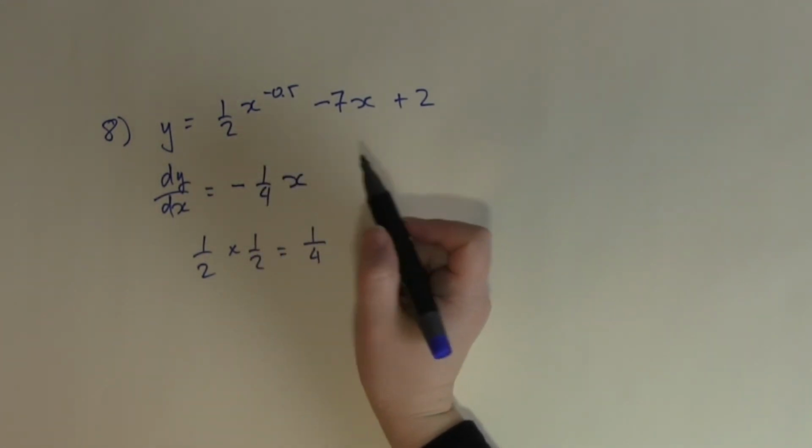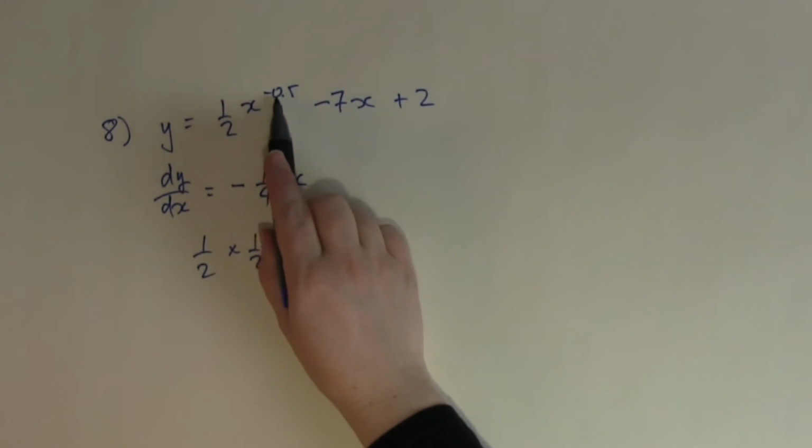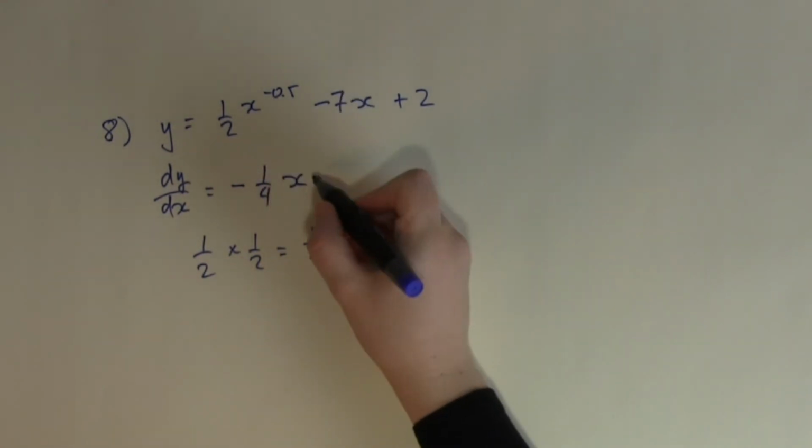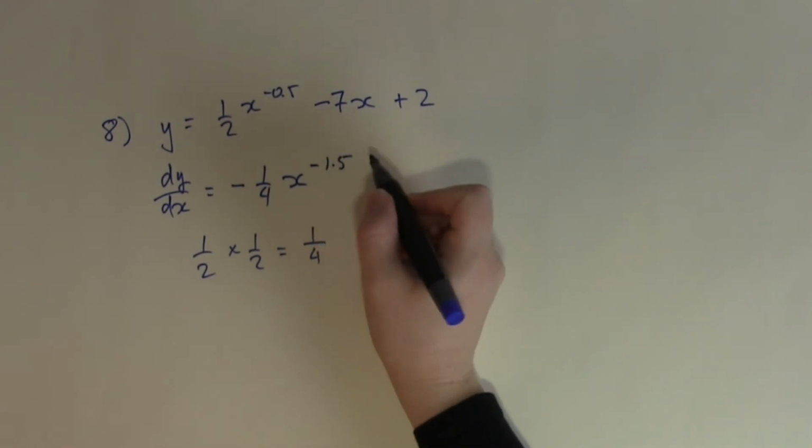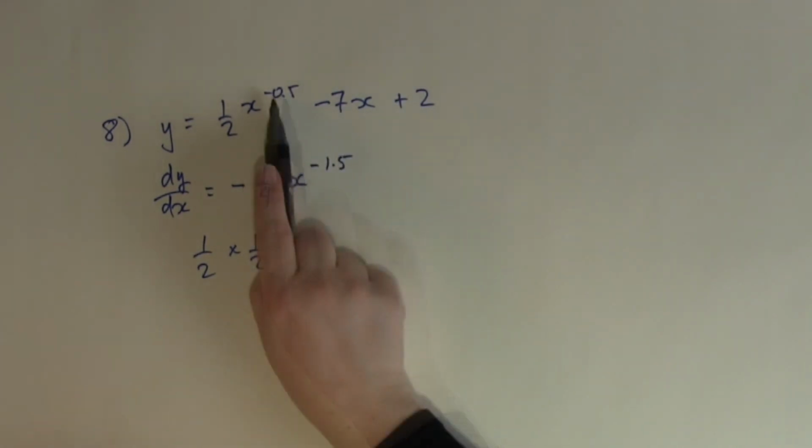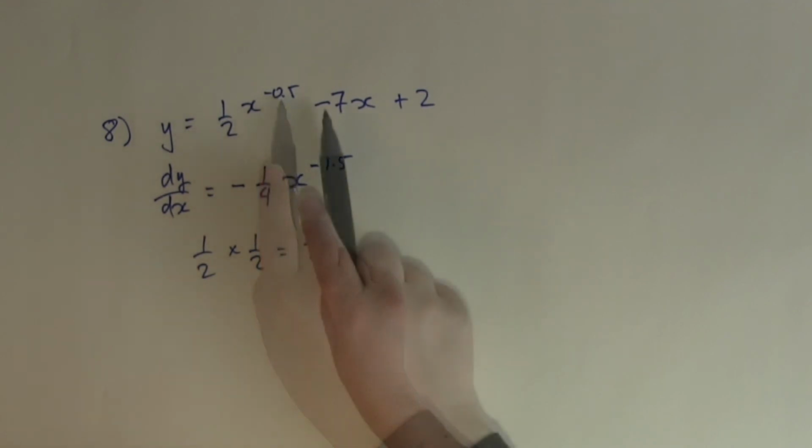And what's the power? Well, minus 0.5 is the original power. I need to lower it by 1. So minus 0.5 take away 1 gives you minus 1.5. Again, remember that you are already in 50 pence debt and you're paying 1 more pound out. So altogether you're ending up with £1.50 debt.